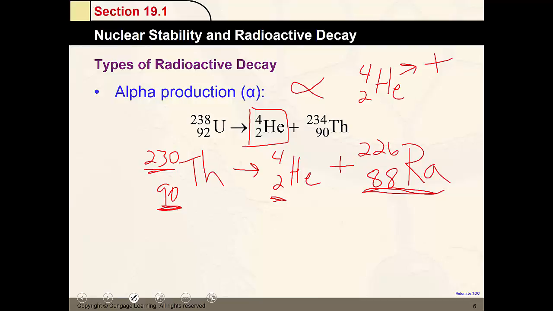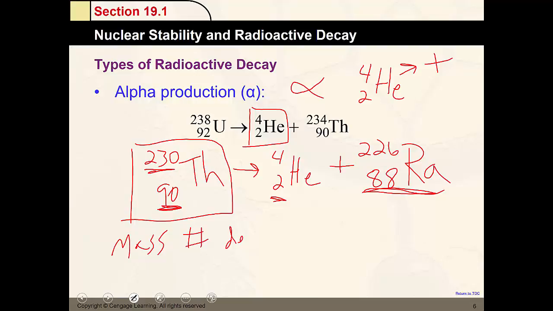Okay, so for alpha decay, from the original species that is undergoing decay, the mass number of the new particle decreases by 4, and the atomic number decreases by 2.